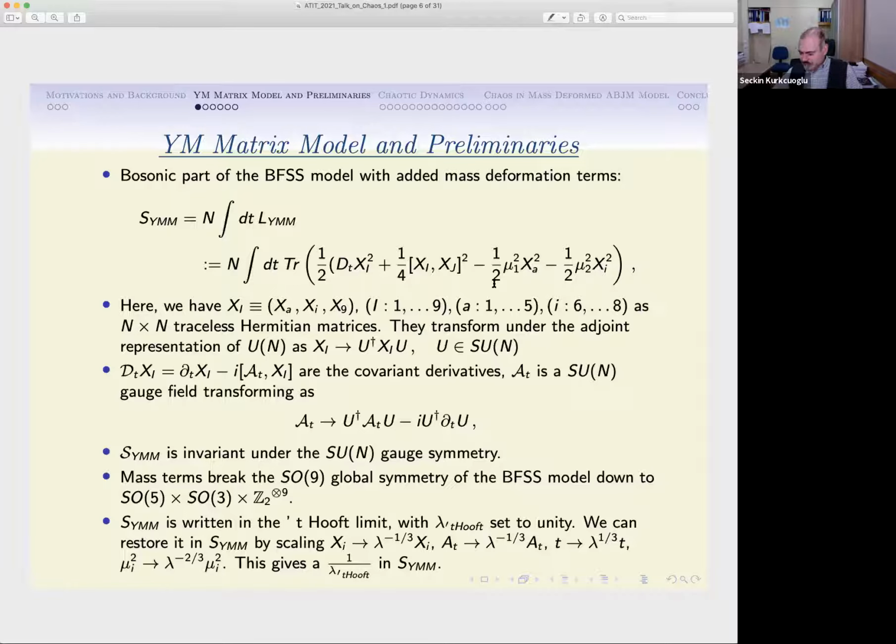That can be avoided in the BMN theory, which is also a mass deformation of the BFSS, which breaks the global symmetry, the SO(9) symmetry of that theory, into SO(6) times SO(3). So avoiding flat directions or instabilities is one motivation for introducing mass deformations.